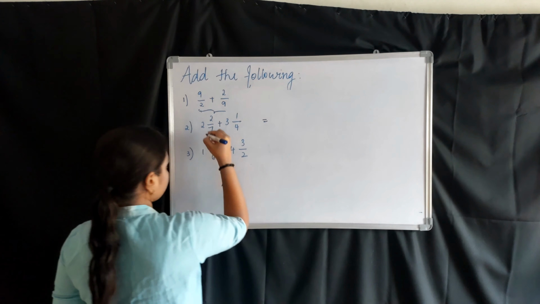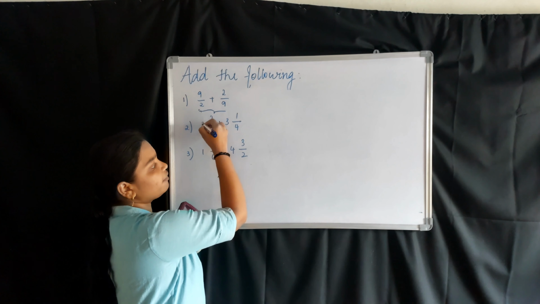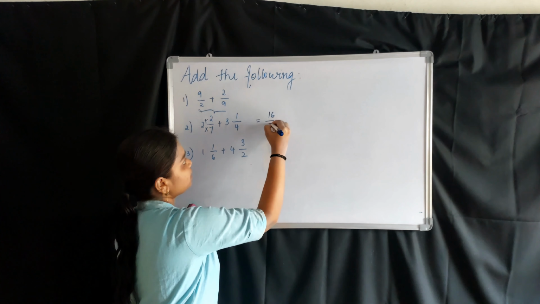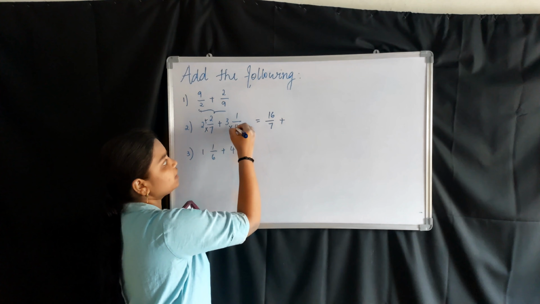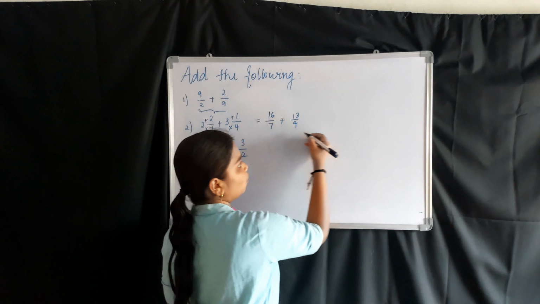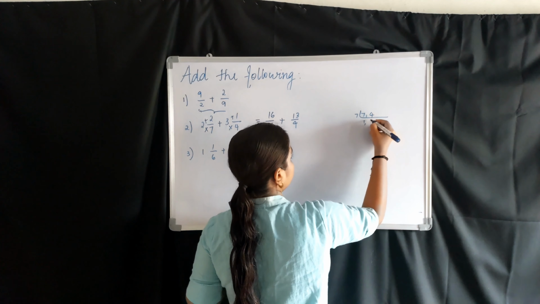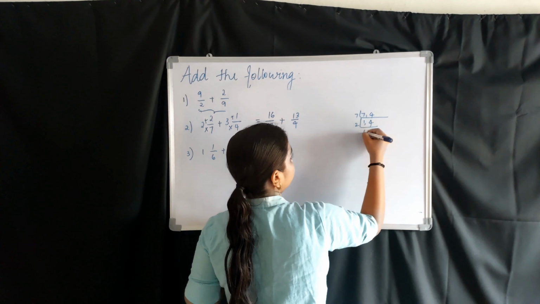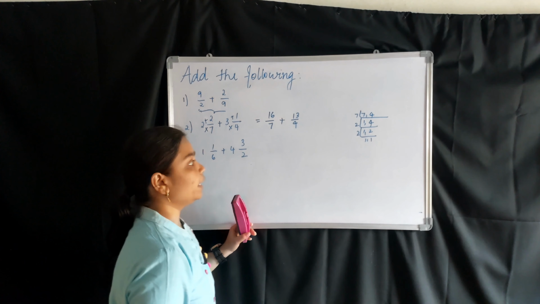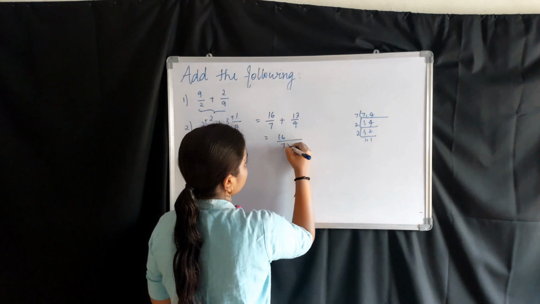So this is 2 and 2 by 7. That means 2 into 7 is 14 plus 2 is 16, so 16 by 7. Plus 4 threes are 12 plus 1, 13 by 4. The LCM of 7 and 4 would be 28 because there is nothing in common between them. We'll have to make the denominators 28.